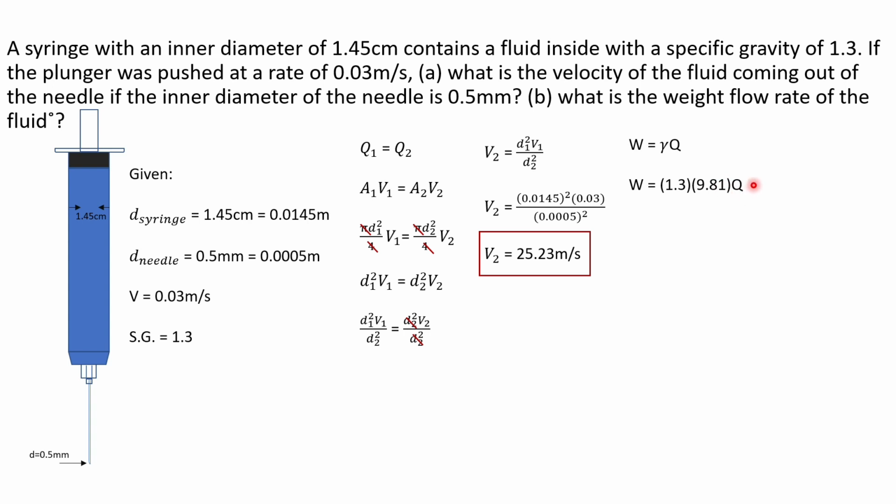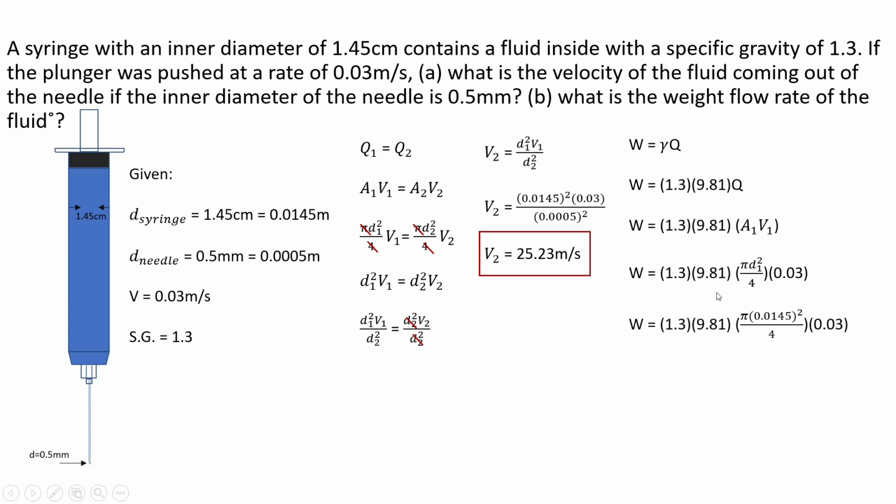The discharge is equal to area times velocity. You can either use A sub 1 V sub 1 or A sub 2 V sub 2, but in this problem I'm going to use A sub 1 V sub 1. To find the value of A sub 1, area is equal to pi d squared over 4, and plugging in the value of d sub 1, which is 0.0145 meters, we now have this equation.